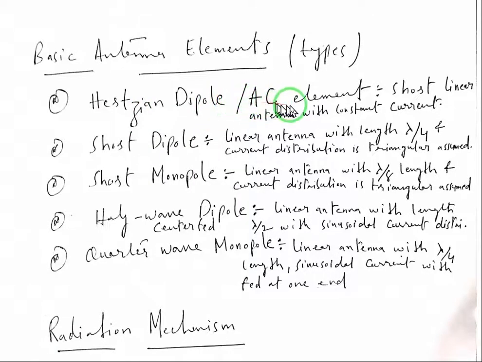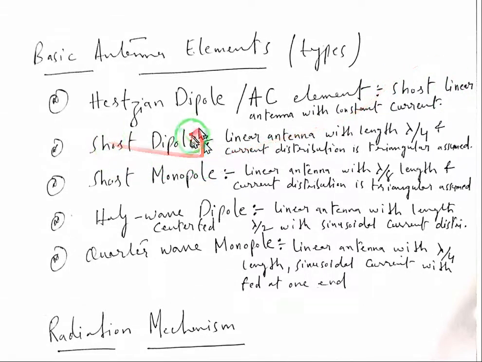Remember that Hertzian dipole is basically known as the reference antenna, and it is the ideal antenna, which in practical implementation is not possible, as we don't have any antenna till today that has constant current distribution in all of the elements.